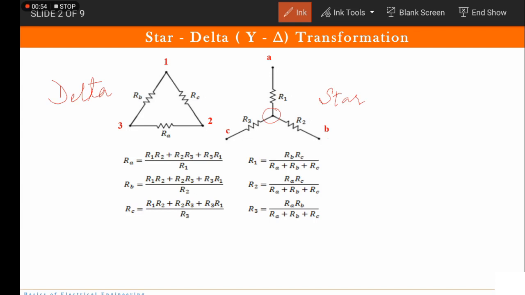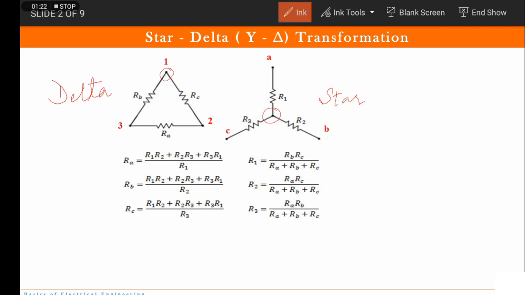And if we talk about delta connection, one end of each resistor is connected together, and lastly the other end of the first resistor is connected to the second end of the third resistor, so they form a closed loop. Okay, so first we'll understand how to convert delta into star.